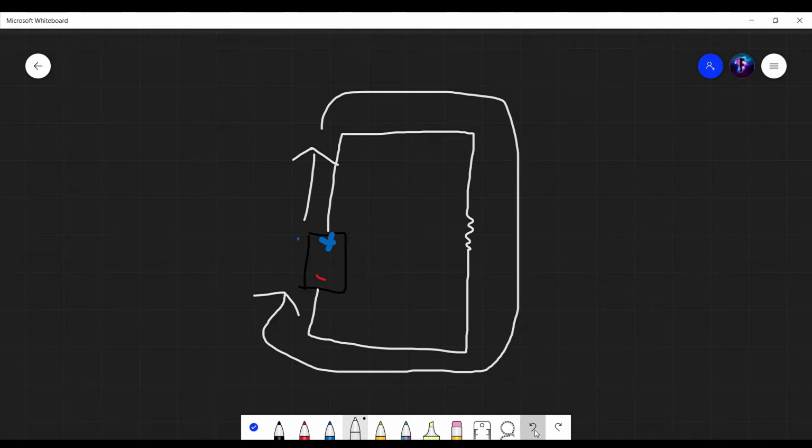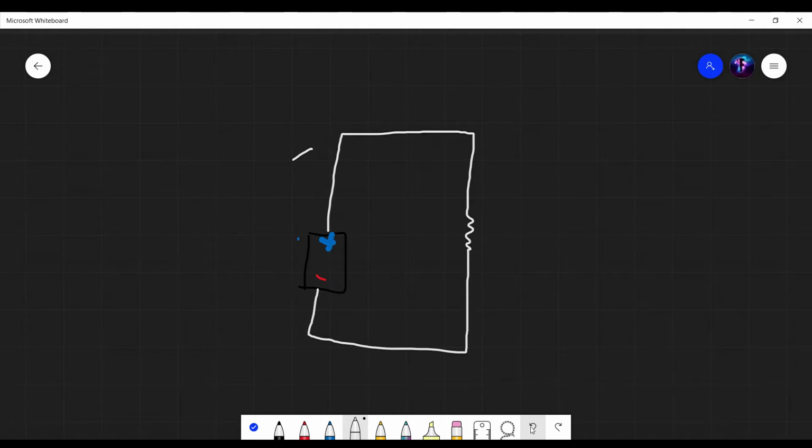But since the plus sign is right there, it's going up. Okay, let's say the resistor has 10 ohms. And the current, let's just say it has around 5 amps, 5A. We're gonna solve the V. What is the voltage?